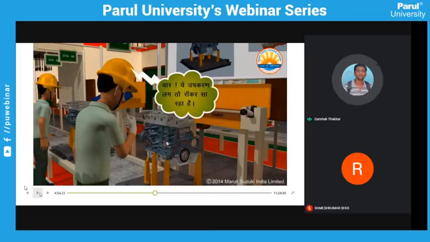Suppose in automobile they are not producing just one type of car at a time. In a particular automobile industry there are types of car like A, B, C, D, right? So at one time in the assembly line they are running all types of car, like first the A type car, second B, third C.